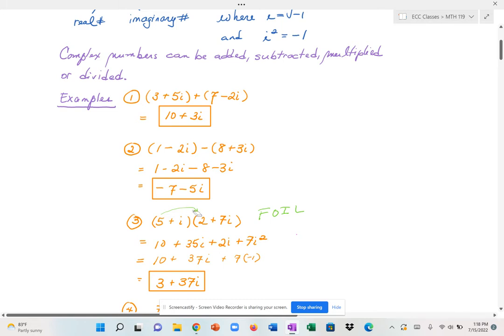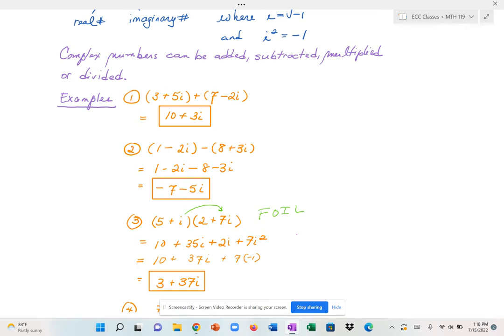Outer are the two that are furthest apart, so that's 5 times 7i, so that's 35i on the next line. The inner are the two that are closest to each other, so that's i times 2, so that's plus 2i. And the last term is the product of the two that are at the end of each complex number, which gives me 7i squared.